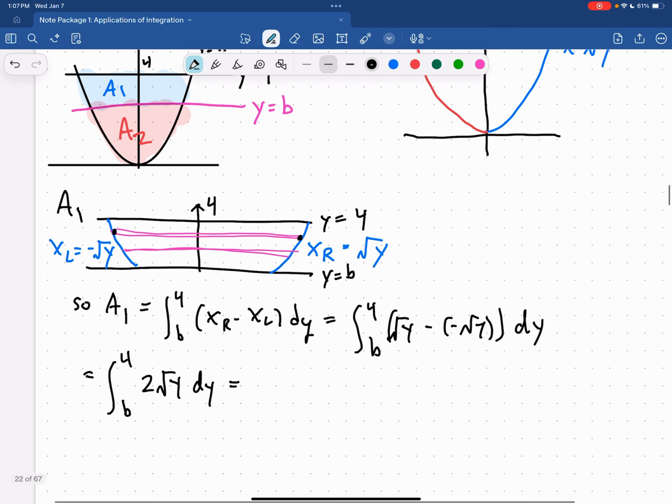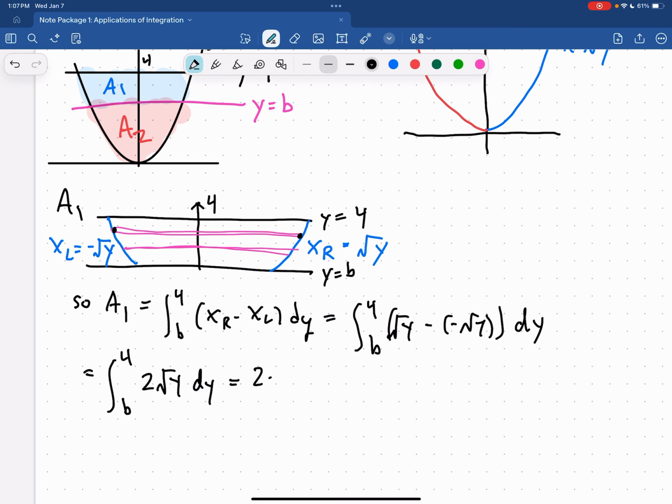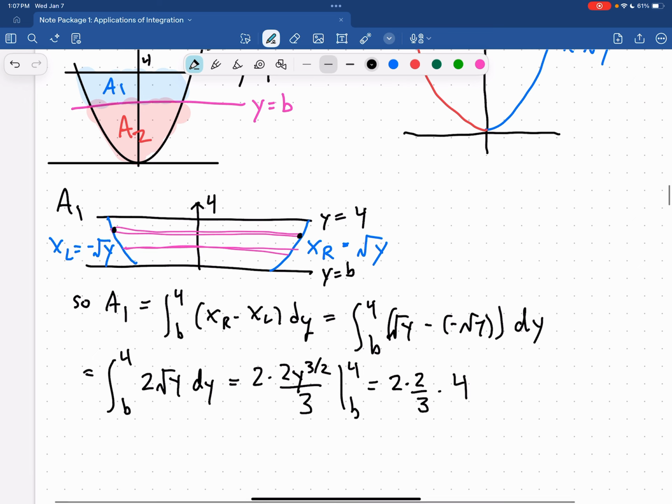And now we can just do the backwards power rule. So we get 2 times y to the 3 over 2 divided by 3 over 2, evaluated at b and 4. Let's see what that gives us. So that's 2 times 2/3 times 4 to the 3 over 2 minus 4/3 times b to the 3 over 2. We could just leave this like this for now. We'll simplify later if we need to, depending on what we get for A2.